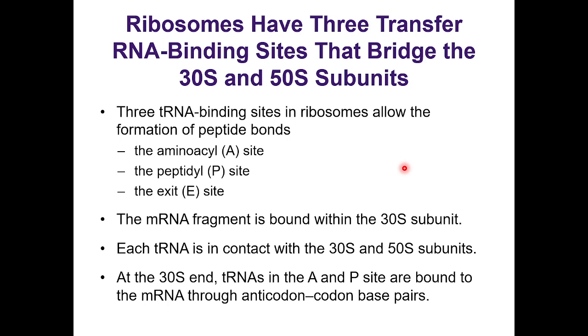So the three tRNA binding sites in the ribosome will allow the formation of peptide bonds. The aminoacyl site is the A site, the peptidyl site is the P site, and the exit site is the E site. You can't guess what the exit site's for? Exiting, yep. The aminoacyl site, what do we bring in there?